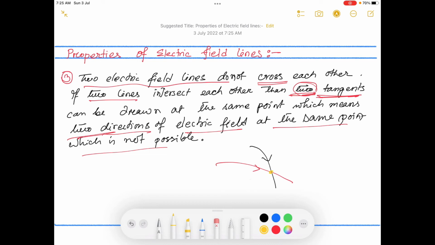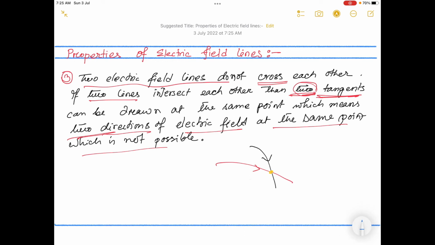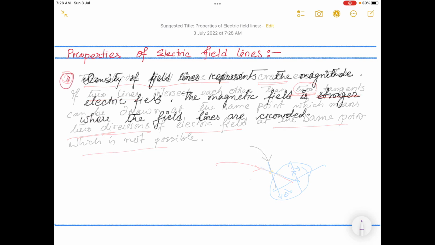Then at the same point you can draw two different tangents, one for the black line and one for the red line. Two tangents mean two directions of electric field, which is impossible, right? That's why any two electric field lines never intersect. Okay, I hope you have understood this.